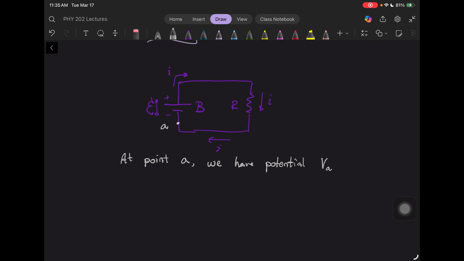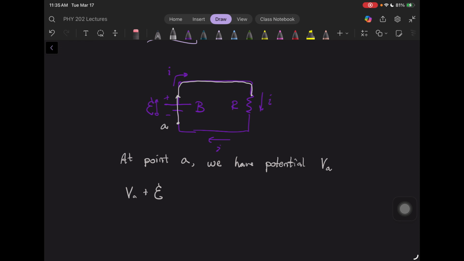we head up here, we start at VA, and then we go plus our EMF. We keep going, and the current passing through the resistor is going to drop the energy.